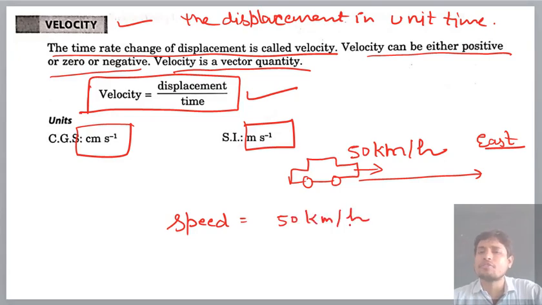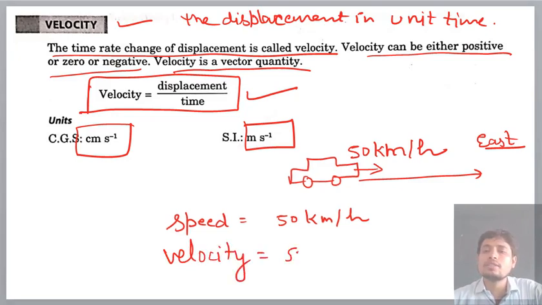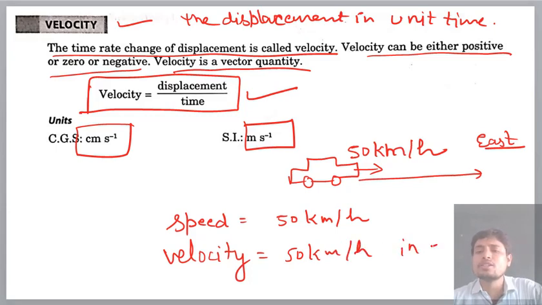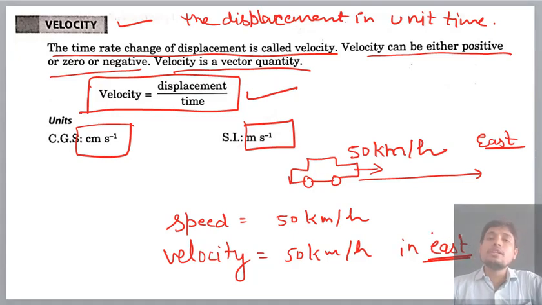This is enough, because speed is a scalar quantity and it has only magnitude. But when you write about the velocity, then you will say 50 kilometer per hour in east direction. This is compulsory. Why? Because velocity is a vector quantity and it should have the direction also.